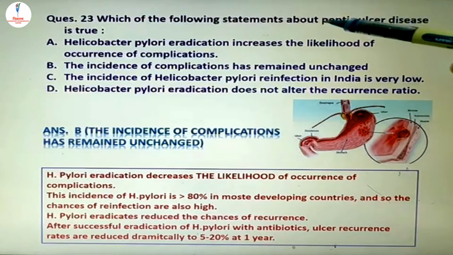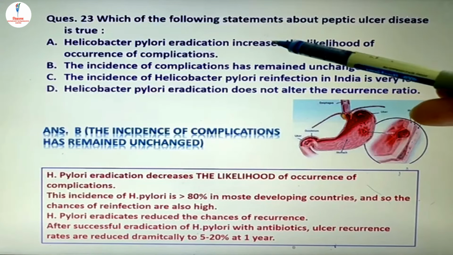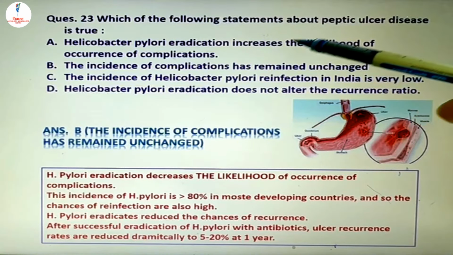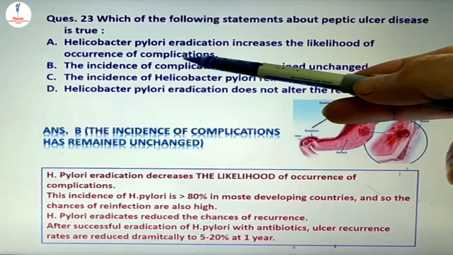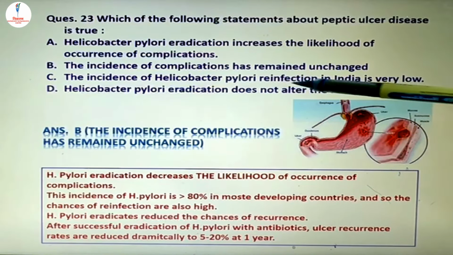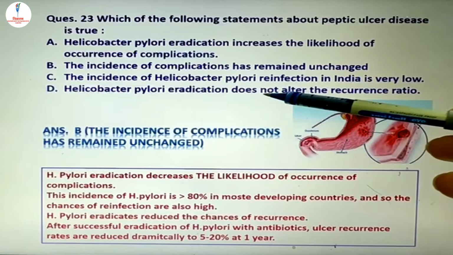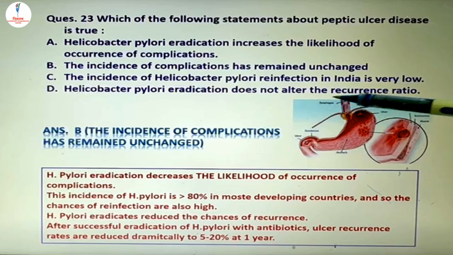So which of the following statements about peptic ulcer is true? They are saying Helicobacter pylori eradication increases the likelihood of occurrence of complications. No, this is wrong. The incidence of Helicobacter pylori in India is very low. No, it's very high. Helicobacter pylori eradication does not alter the recurrence ratio.